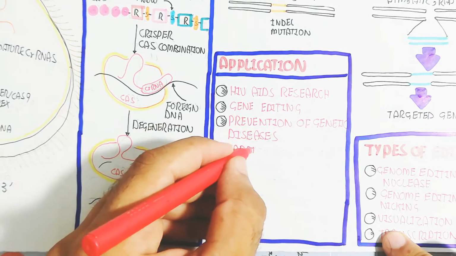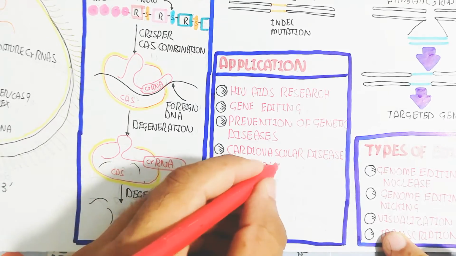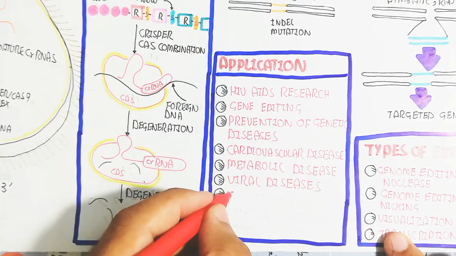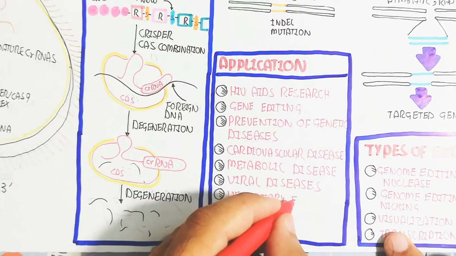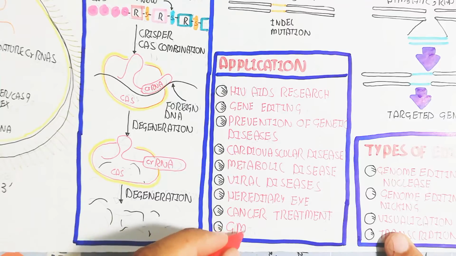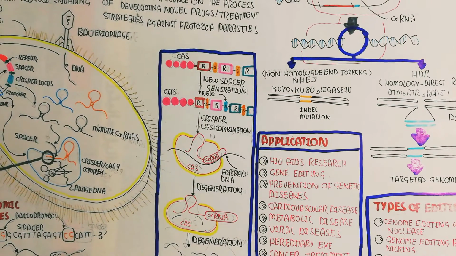So cardiovascular disease prevention, for example, atherosclerosis and arteriosclerosis. And on the other hand, metabolic diseases and viral diseases, hereditary eye diseases, and cancer treatment, and genetically modified organisms can be prepared.